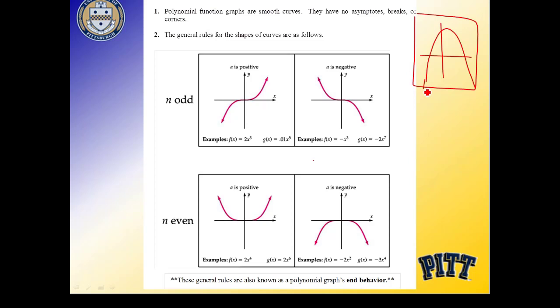The question becomes, am I looking at enough of the graph? Well, if that's all I have, it seems to be behaving more like an even powered function, or an even degree function I should say, where the two ends are going to point in the same direction. And here it looks like the two ends are pointing in the same direction, but I'm saying this is a cubic.